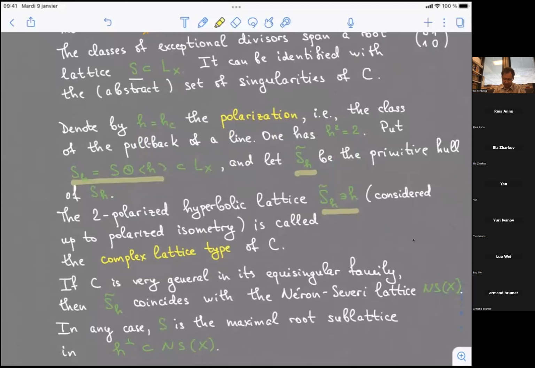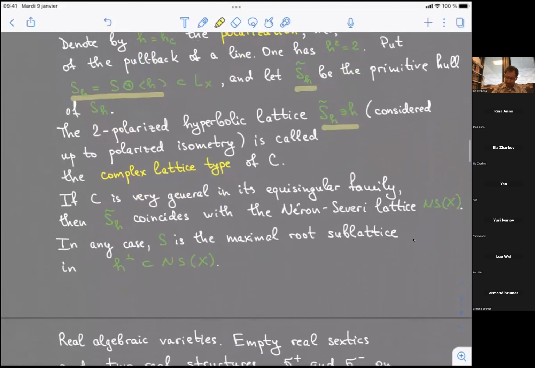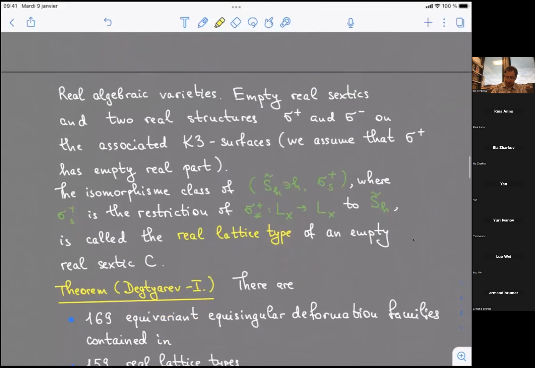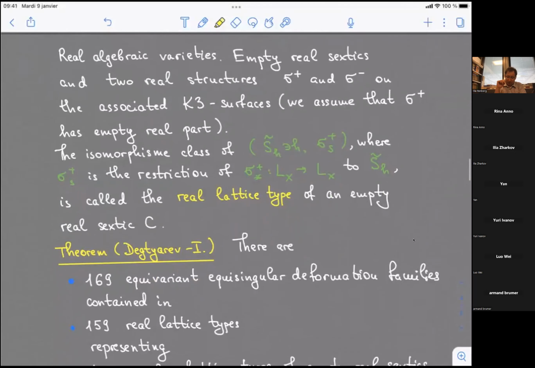And in any case, even if C is not very general, you can reconstruct S out of the Néron-Severi lattice. It's always the maximal root sublattice in the orthogonal complement of H in Néron-Severi. So these considerations were complex.